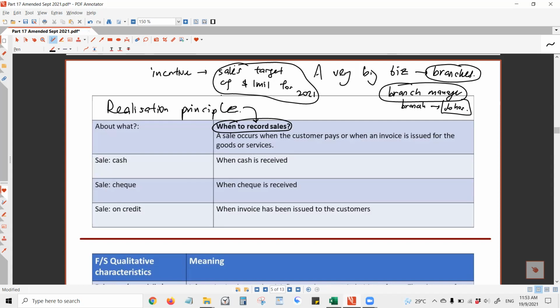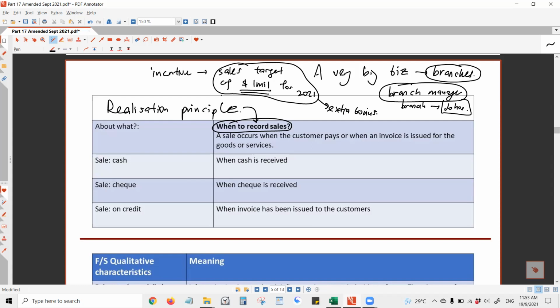We hire this person to become branch manager. So you tell this person, I give you a sales target of 1 million. If in 2021 you can get a sales amount of at least 1 million, then I will give you an extra bonus for this year.